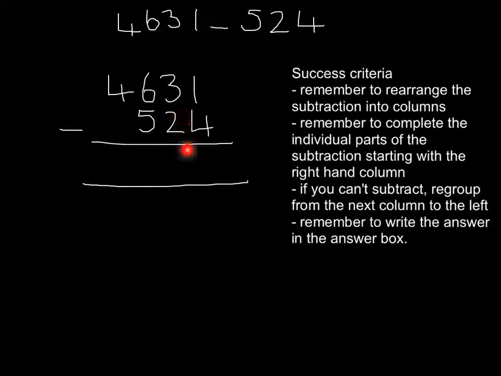1 unit, take away 4 units, we can't do. So we need to regroup from the 3 tens into the units. This gives us 11 take away 4 now. Remembering, as we have regrouped a 10, that leaves only 2 instead of 3.